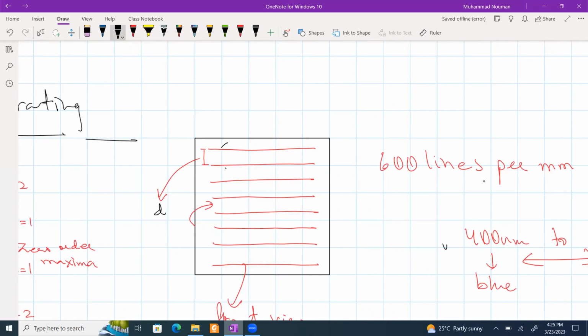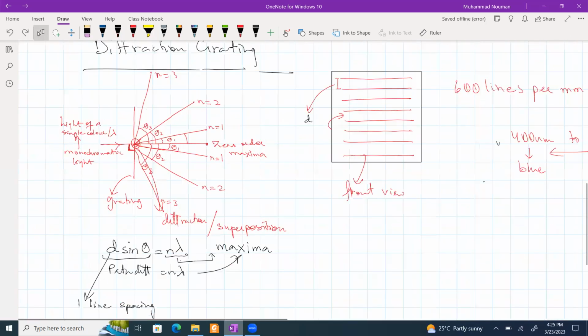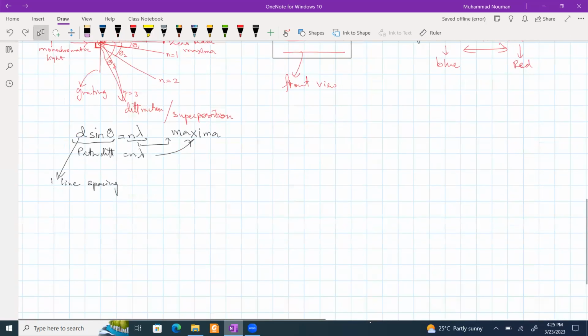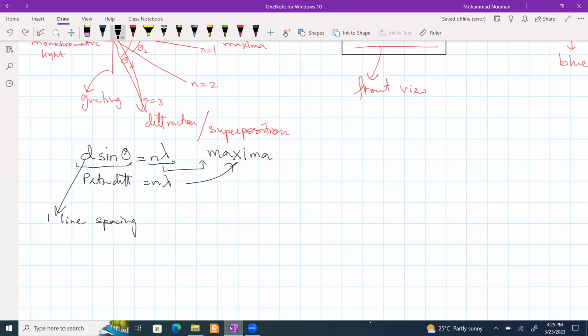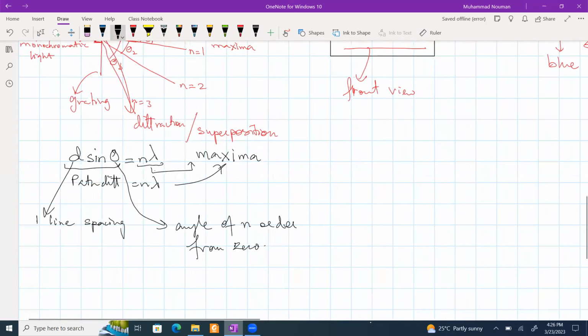These are two lines, and the single spacing between the two lines, meaning the width of one slit for light, is your d. So one line spacing is d. Theta here is the angle of an order from the center, or from zero order. And n is the number of the order.